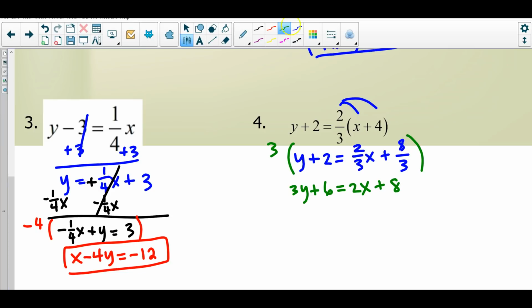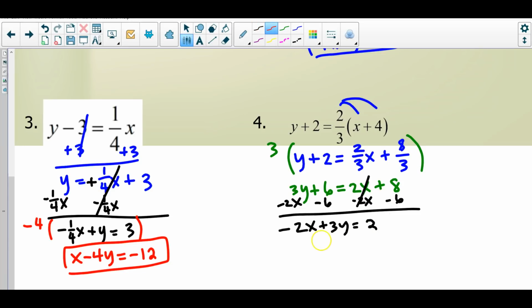Okay, so in order to get x's and y's on the same side, I'm going to do this in one step here. I'm going to be subtracting 2x from both sides. There's my 3y. I know I need to get my constants on the right-hand side. So I'll be subtracting 6. This canceled. 8 minus 6 is 2.